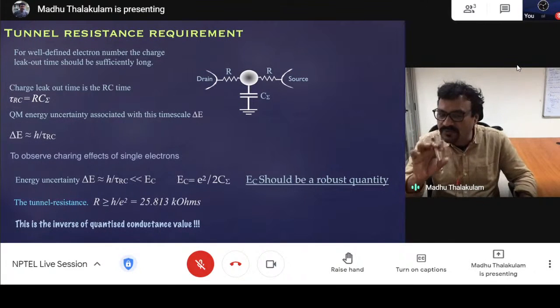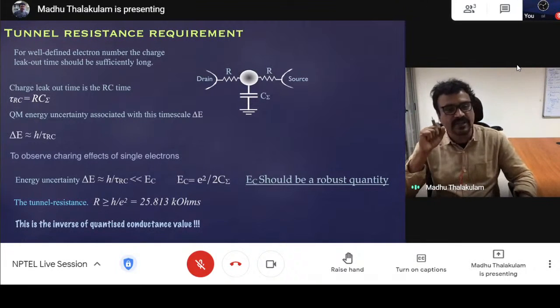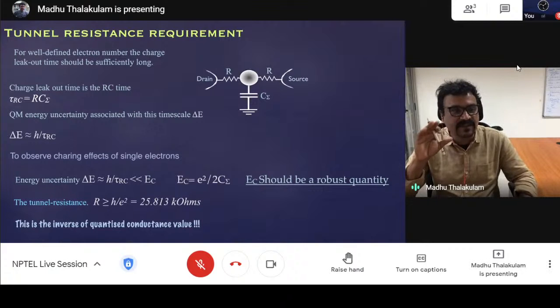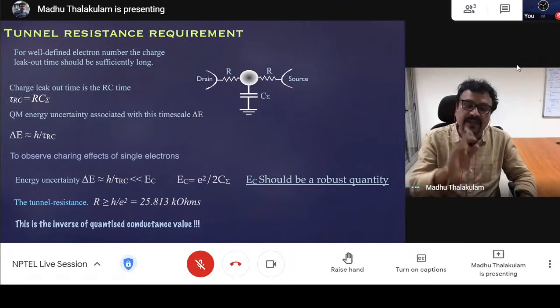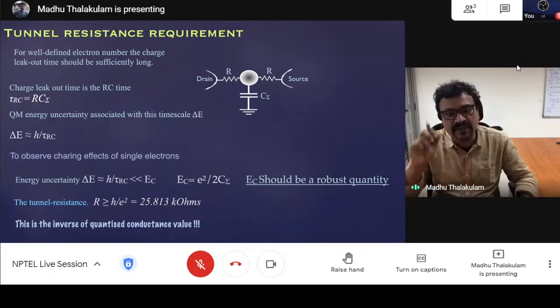Your aim is to observe this fluctuation, or make sure that it is substantial and overshadows other energy scales such as temperature energy. So the energy uncertainty associated with this time scale, ΔE, should be much small compared to the charging energy.